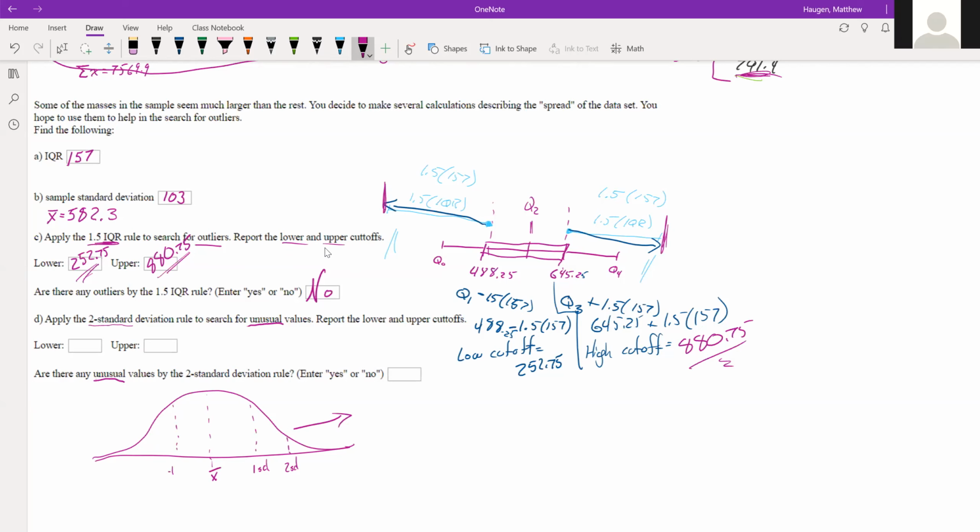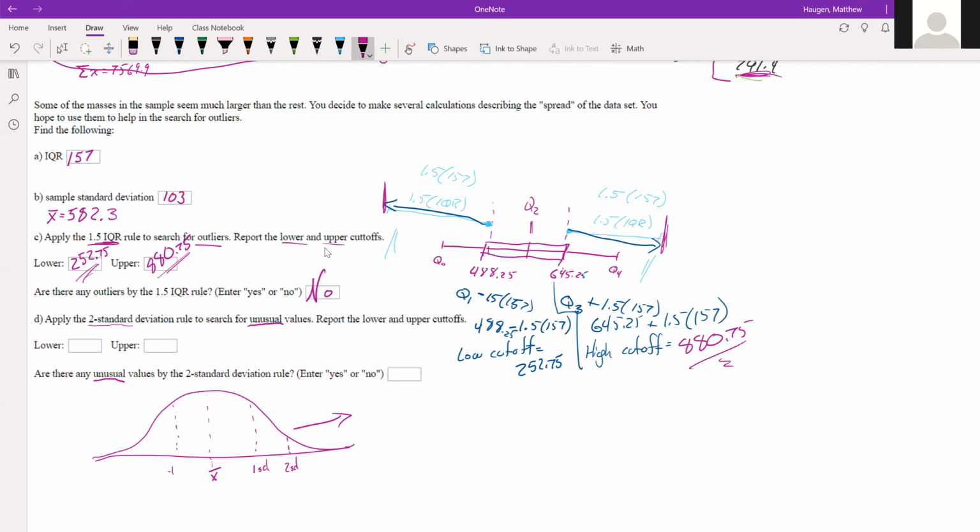So if we're going to be measuring standard deviations outward, we have to be measuring that outward from the mean. And as I said before, it's one of the things that's tough about this question. In the start of this question, there's a whole bunch of stuff we have to find before we're able to answer any of these questions. So we find the standard deviation, that 103.